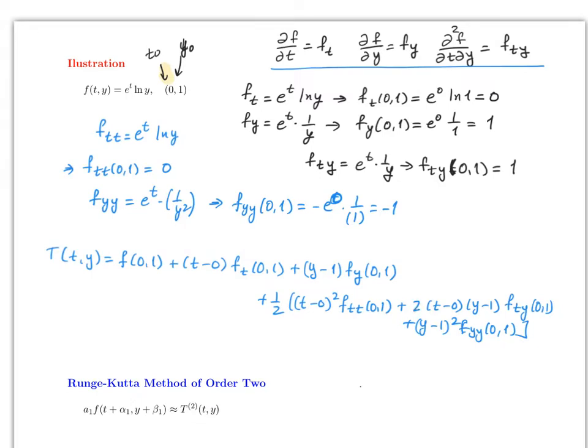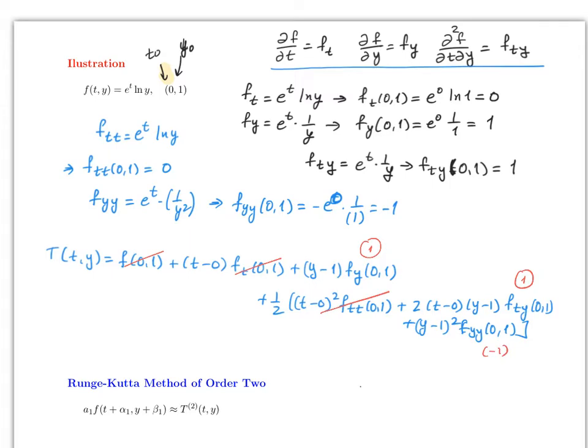Now, if we simplify everything, remember that f(0, 1) is equal to 0, so this is gone. The partial derivative evaluated at (0, 1) with respect to t is also 0, and so is the second derivative. This one is equal to 1. This one is also equal to 1. And this one is equal to negative 1.